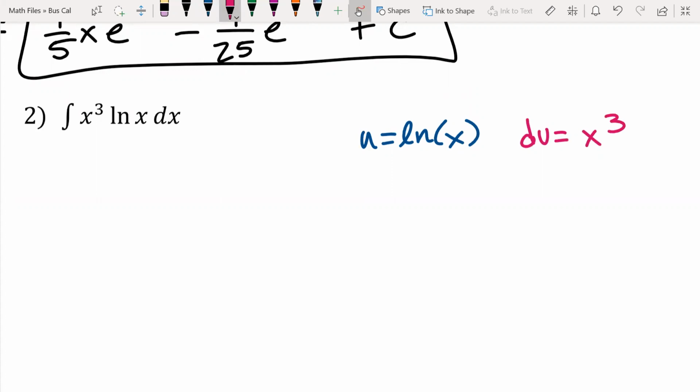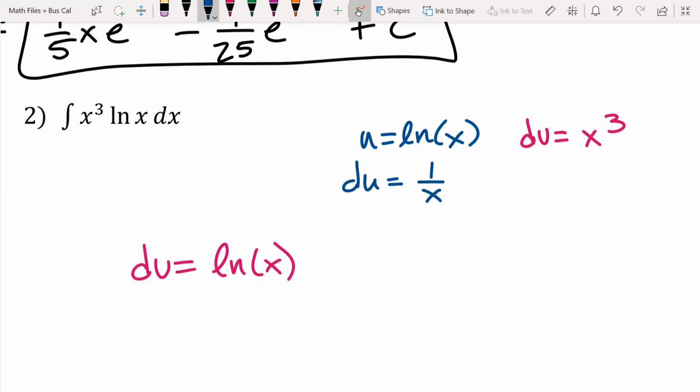And the reason for this is that if you let dv equal the natural log of x, we're going to have a really difficult time figuring out what the antiderivative of the natural log is. So we know that the derivative of the natural log is 1 over x.